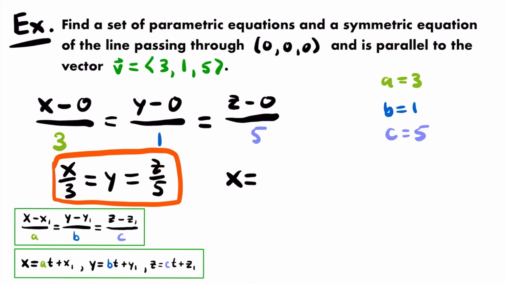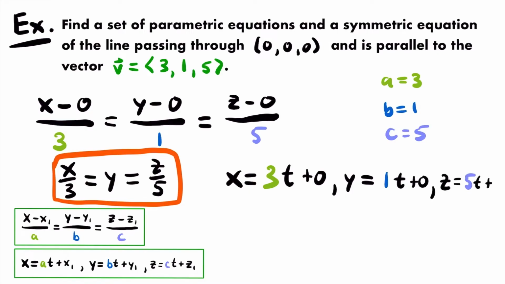So we'll have x is equal to 3t, and then if you want to write it down, you could write plus 0, and then we'll have y is equal to b times t, so we have 1 times t plus 0, and then for z, that will be equal to c times t, which is 5, and so we have 5t plus 0.